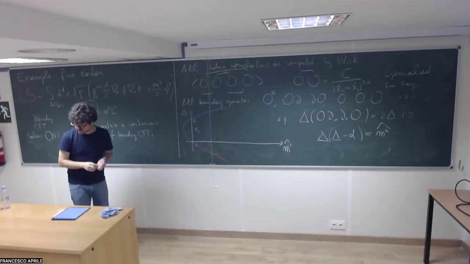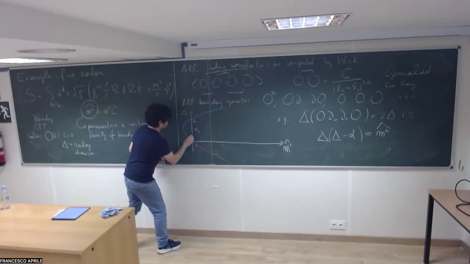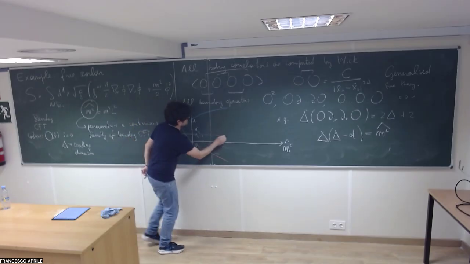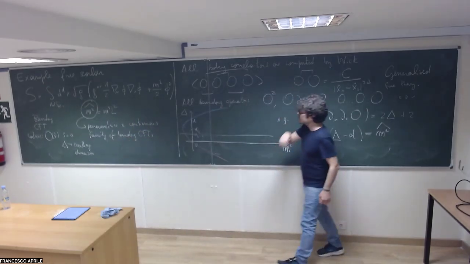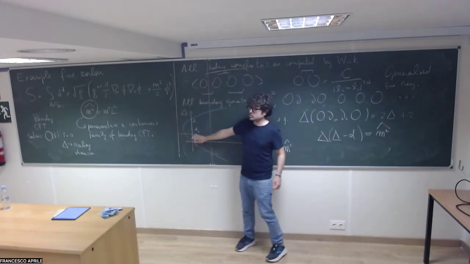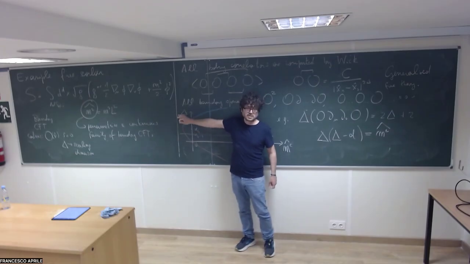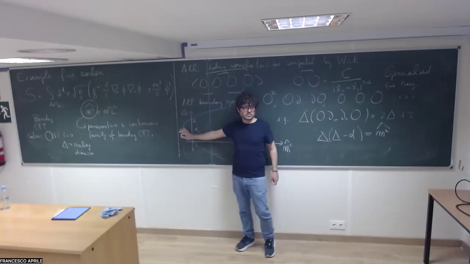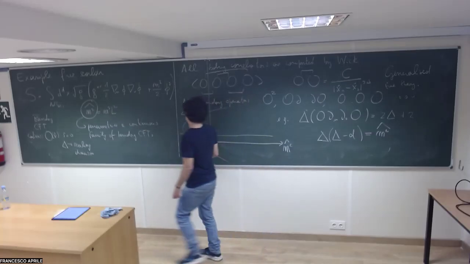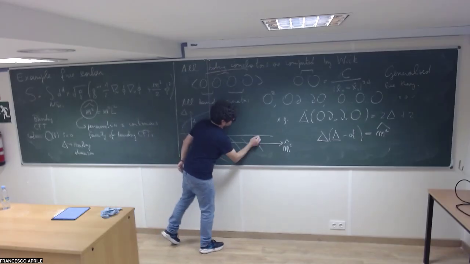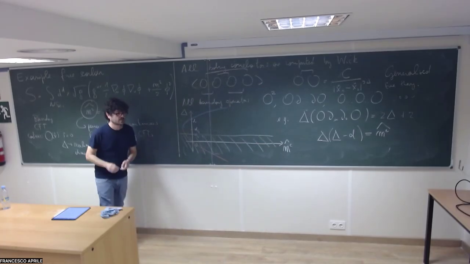And I should also single out here some value, which is d over 2 minus 1. Okay. So when delta is below d over 2 minus 1, we are below the unitarity bound in a conformal field theory in d dimensions. So it means that the theory is not compatible with unitarity. So this whole part of the solution we should cut out of our diagram. Okay, in the sense that it's non-unitary.